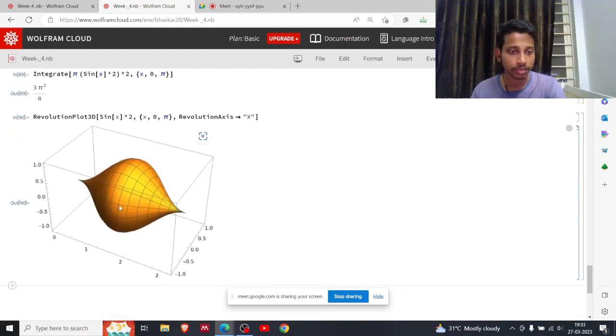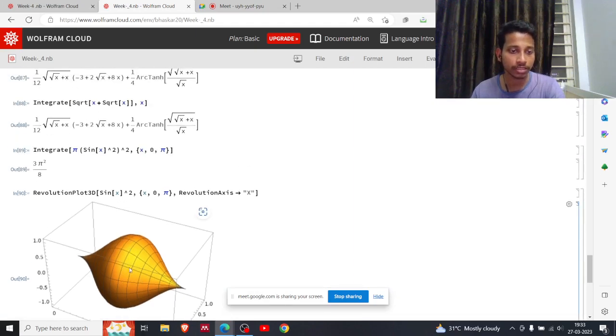So basically this is the volume that is measured by this particular formula, integrate pi sin x square. So the curve is sin x square. Okay, now we are measuring the volume that is covered by this particular curve when it is rotated with respect to the axis x.